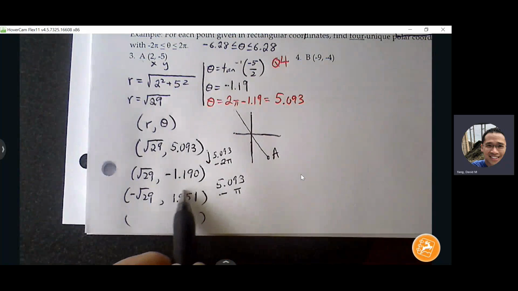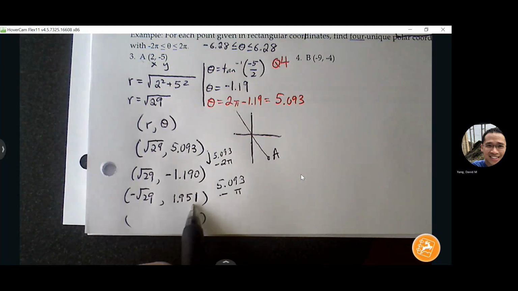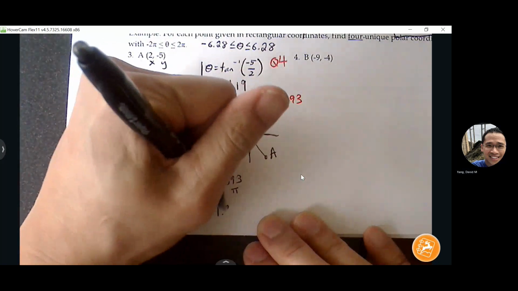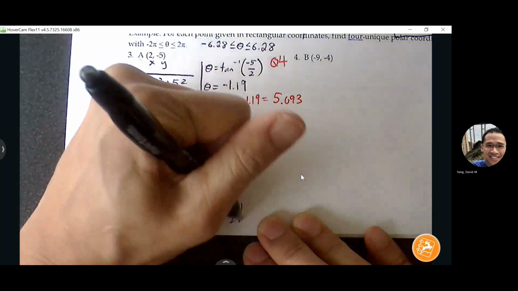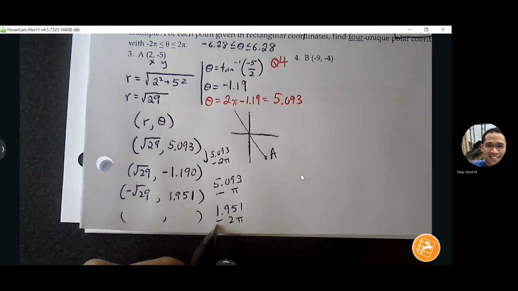So if we're in the second quadrant, let's create a coterminal angle that is also in the second quadrant. So I can take this and subtract what? Yes, subtract 2 pi. I want a negative version of this.